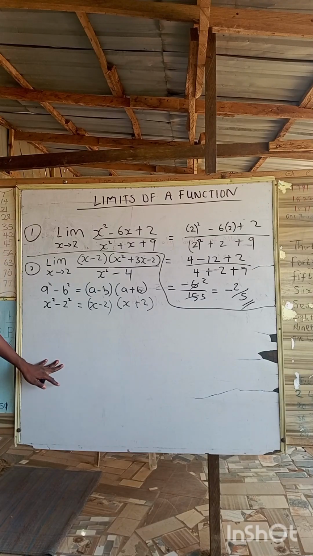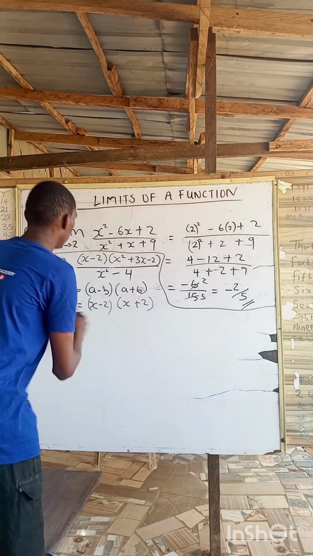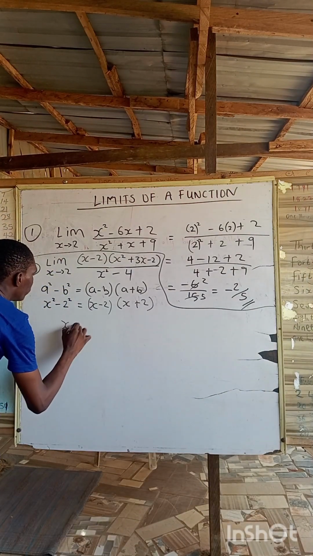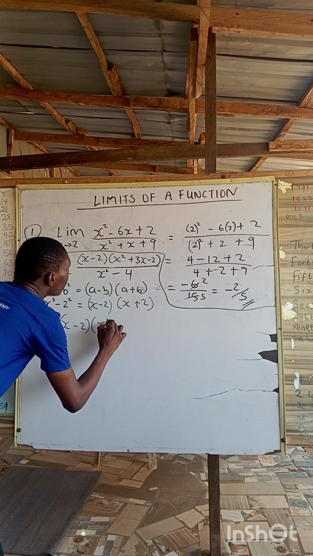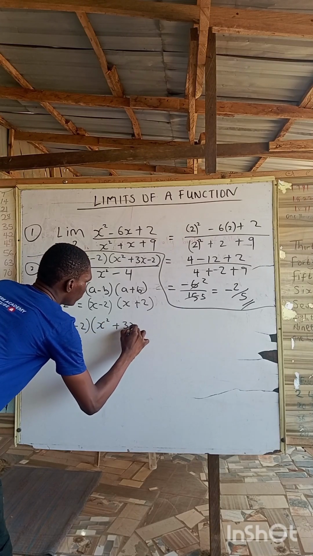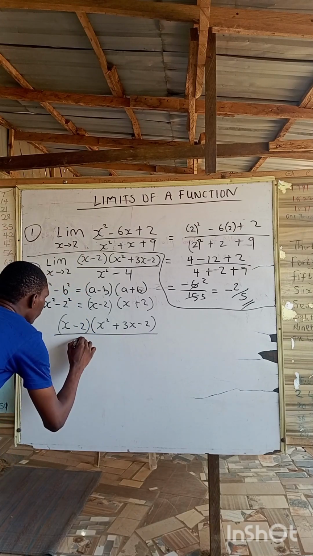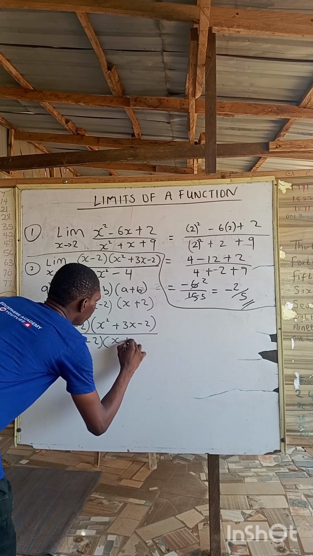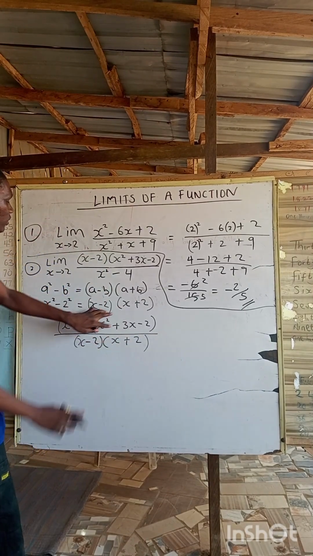Now we can input x minus 2 times x plus 2 into the given function, so that is (x minus 2) times (x squared plus 3x minus 2) over (x minus 2)(x plus 2).